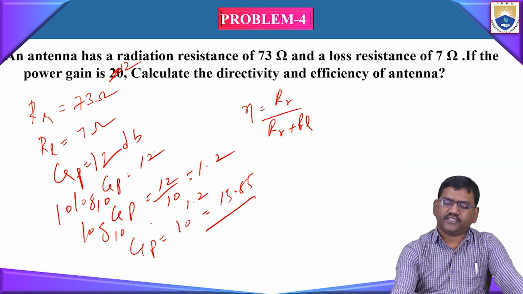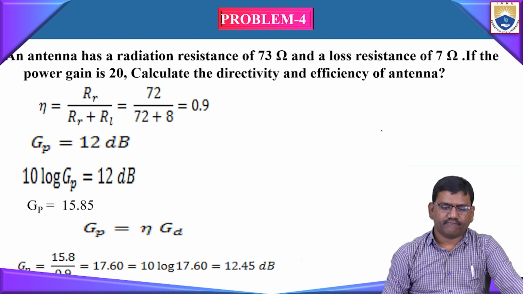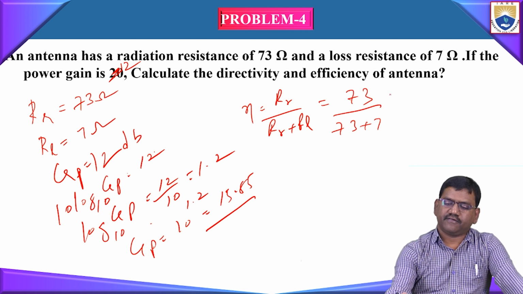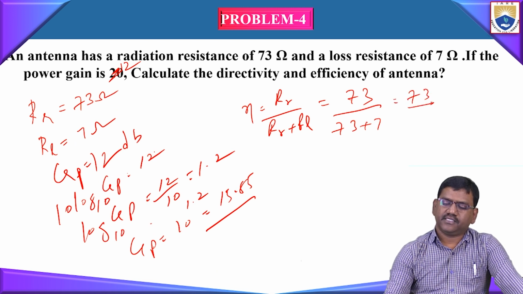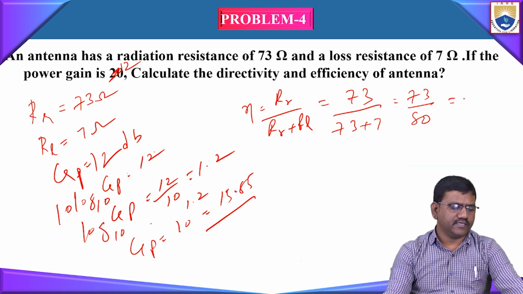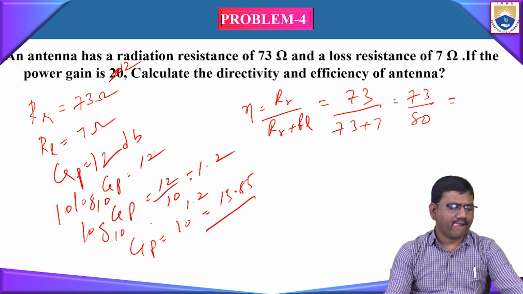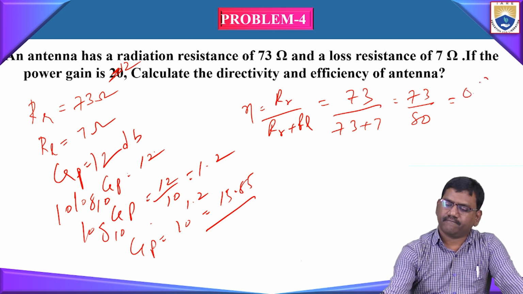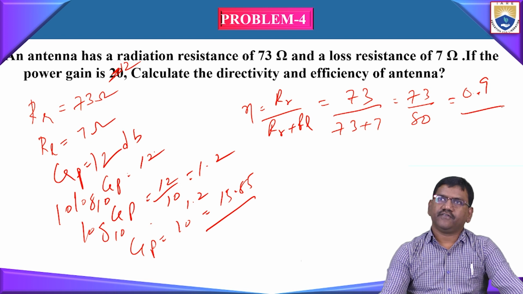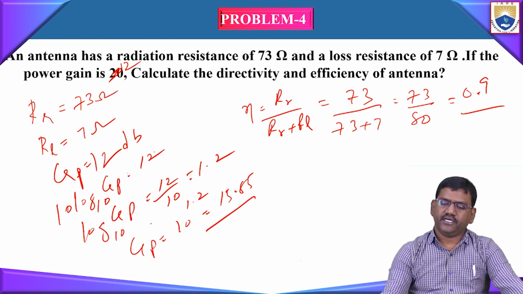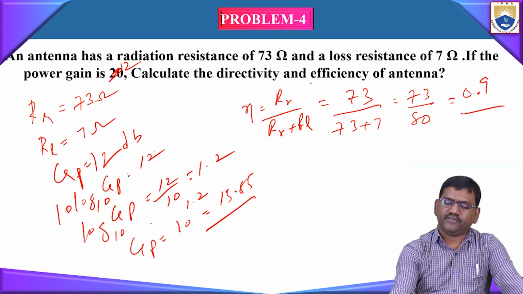If we substitute, RR is 73, so it is 73 by 73 plus 7. 73 plus 7 is equal to 80, so 73 by 80 is nothing but 0.9. So this is the efficiency of the antenna.